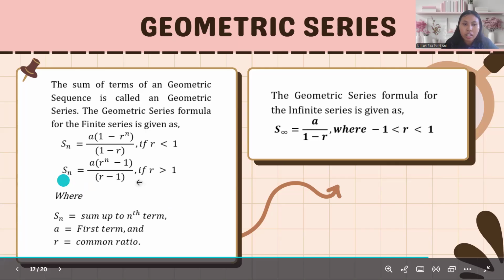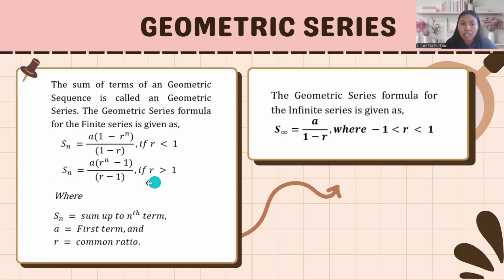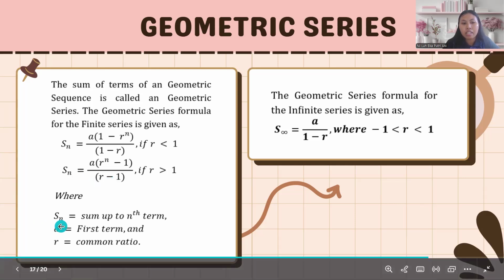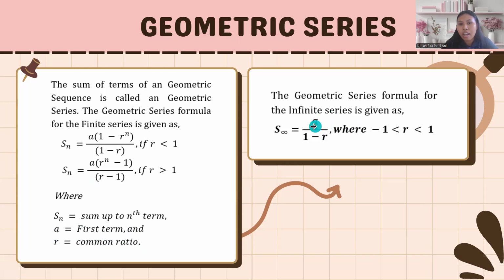And if r is greater than 1, we use S sub n equals a times r to the power n minus 1 over r minus 1, where S sub n is the sum up to n terms, a is the first term, and r is the common ratio. For the infinite geometric series, S infinity is a over 1 minus r, where r is greater than minus 1 and less than 1.